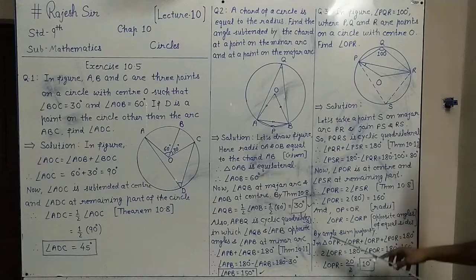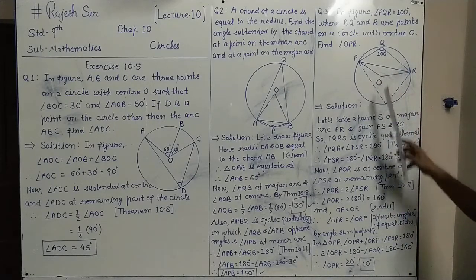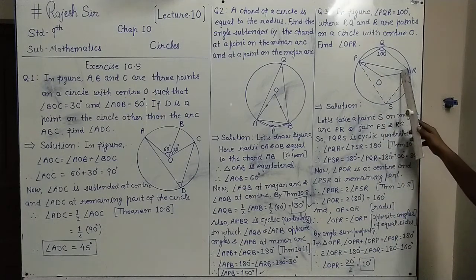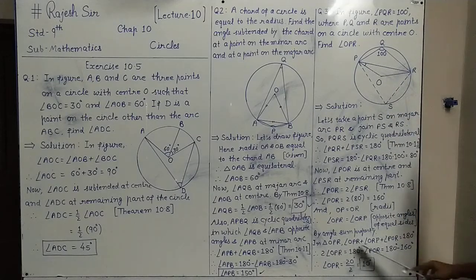So by the angle sum property in triangle OPR, the sum of all three angles, angle OPR plus angle ORP plus angle POR, equals 180 degrees.